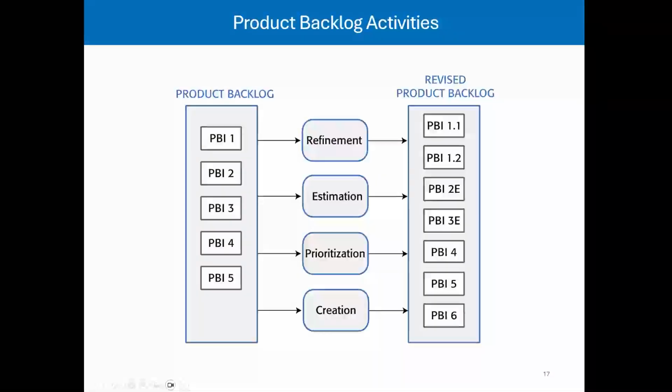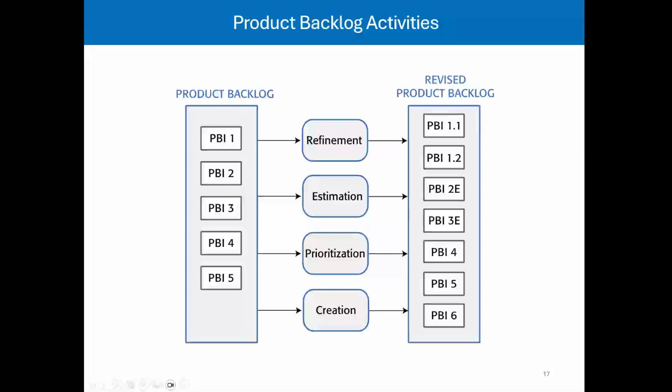This diagram visually shows how the product backlog evolves as the Scrum team applies backlog management activities, refinement, estimation, prioritization, and creation, to transform it into a better and more actionable list. So from the left side, we see the initial product backlog.